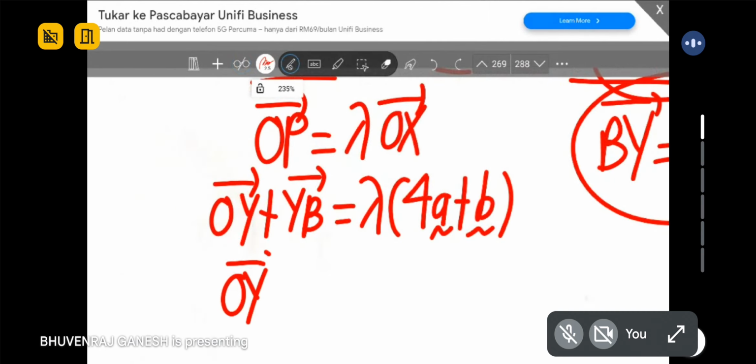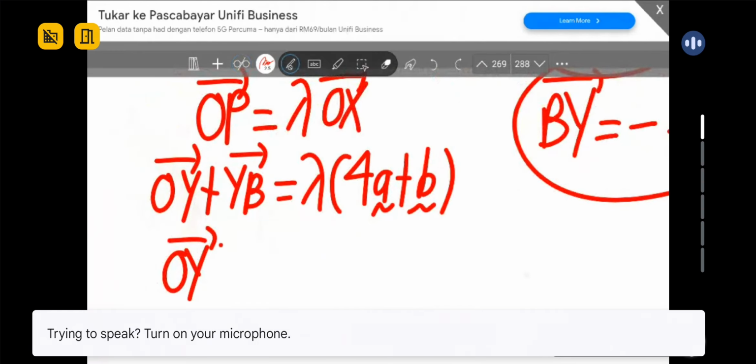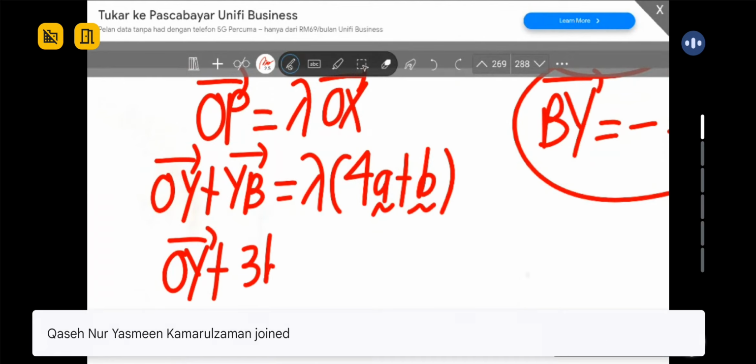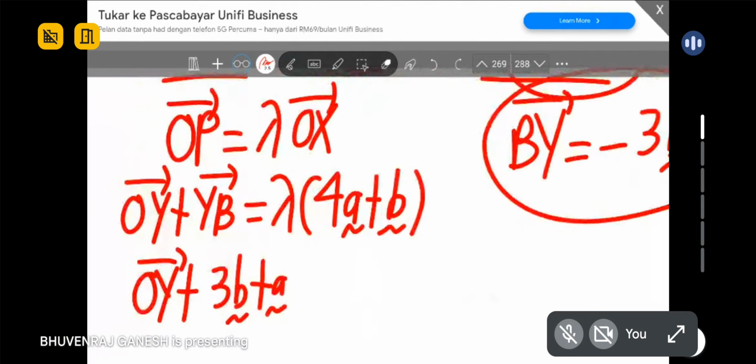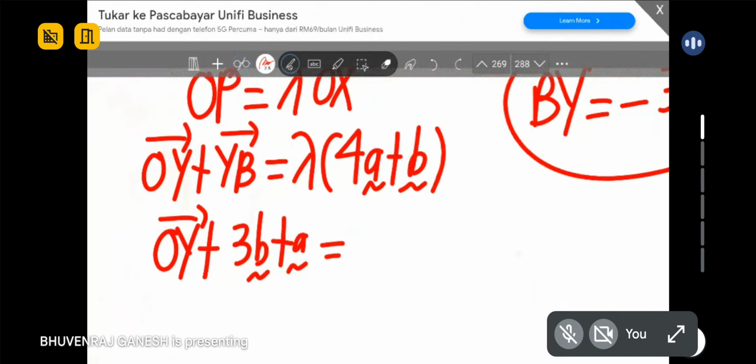Okay, we have information. BY is negative 3B minus A, so YB is 3B plus A. Am I right? Because negative means opposite direction, so it becomes positive. Okay, so your answer is 4 lambda A plus lambda B. Expand.